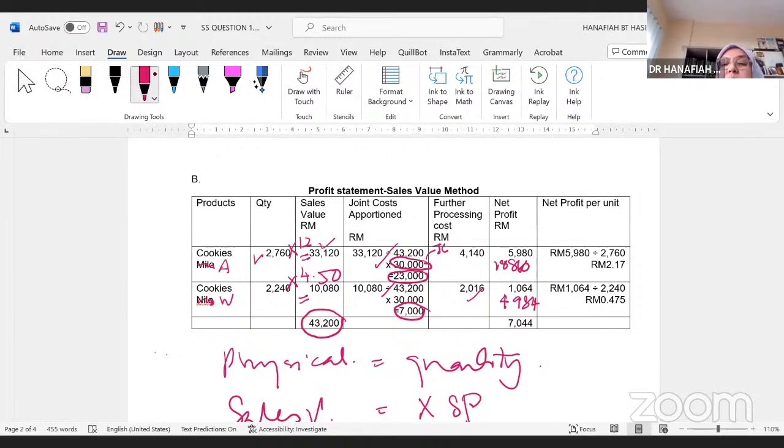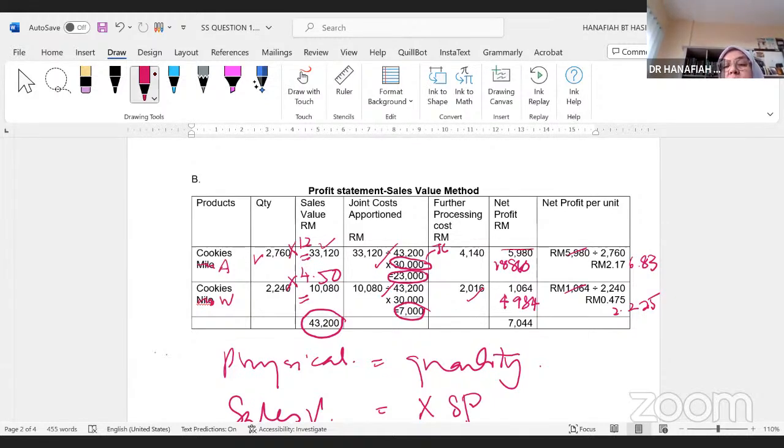So this one is different. 23,000 minus 4,150, then divided by 2,760 is about 6.833, and 4,984 divided by 2,240 is 2.225.